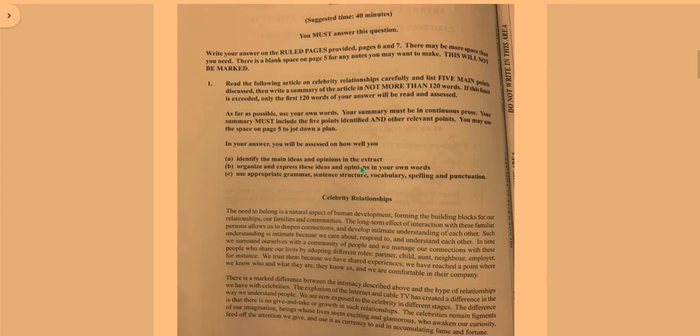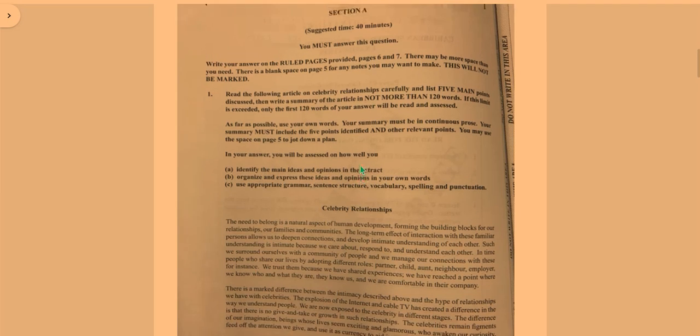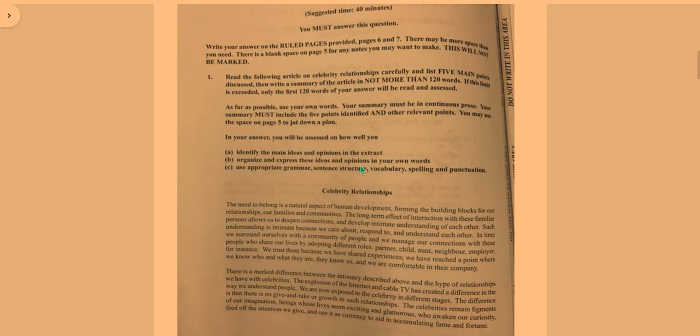Similarly, if you have a passage of 60 words, your summary should be about 20 words in length. Of course, there are some students who would use fewer words, and that's okay, as long as it captures the gist of the original passage.